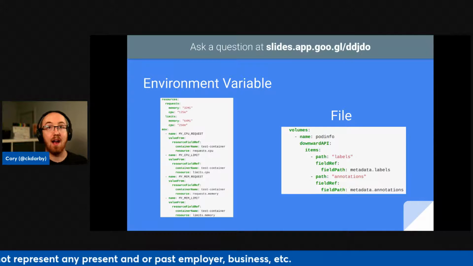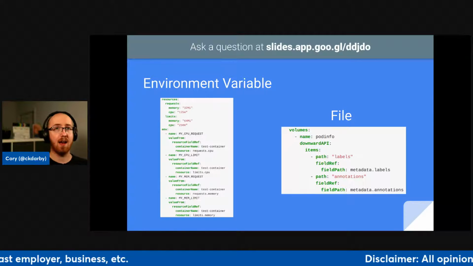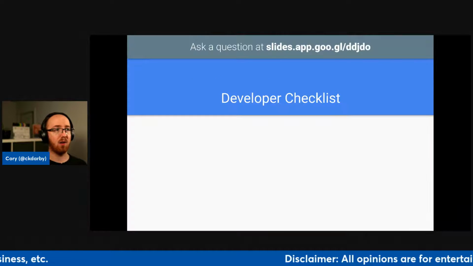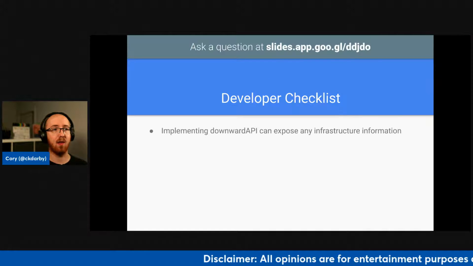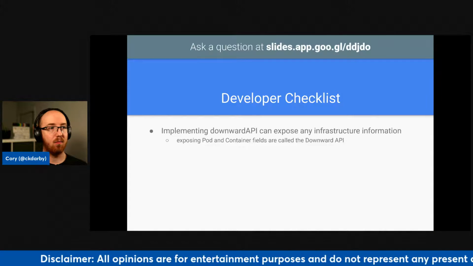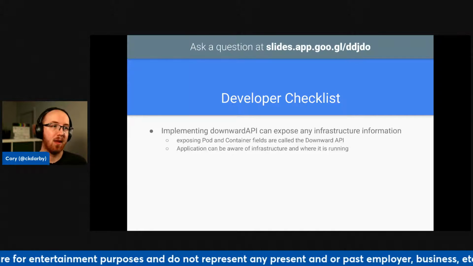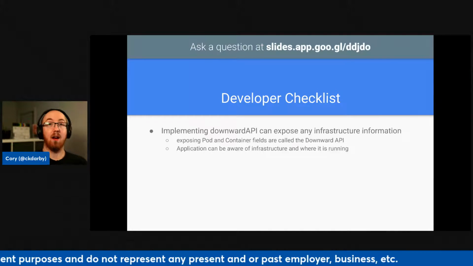I actually like the file way. I think it's the more preferred way for this kind of data. And the reason why I like it that way is, we can expose all this information via the downward API, and applications can be aware of it. Great.